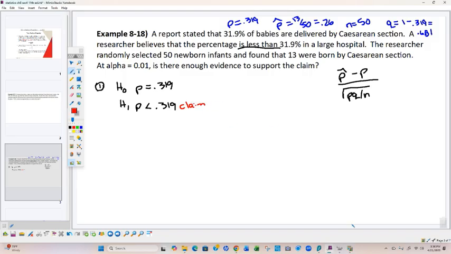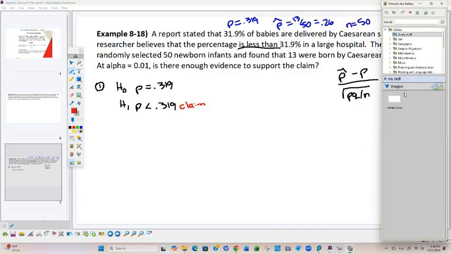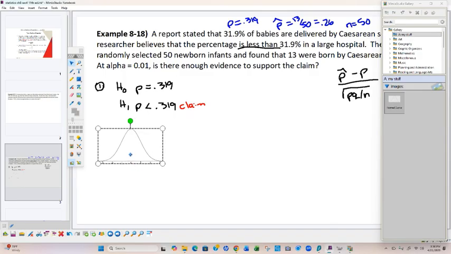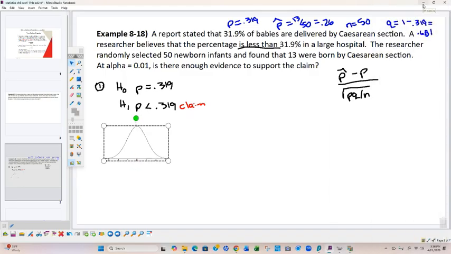Now for step 2, let me drag in a curve since I'm not very good with drawing. When it is a less than, it is left-tailed. Remember, less than is left-tailed. More than is right-tailed. Equal and not equal to are two-tailed.